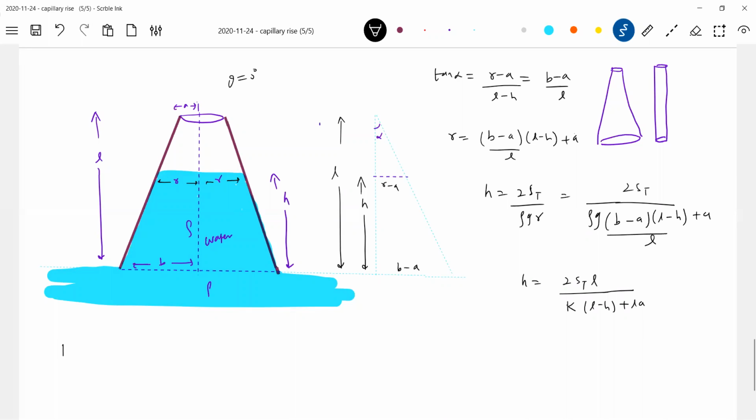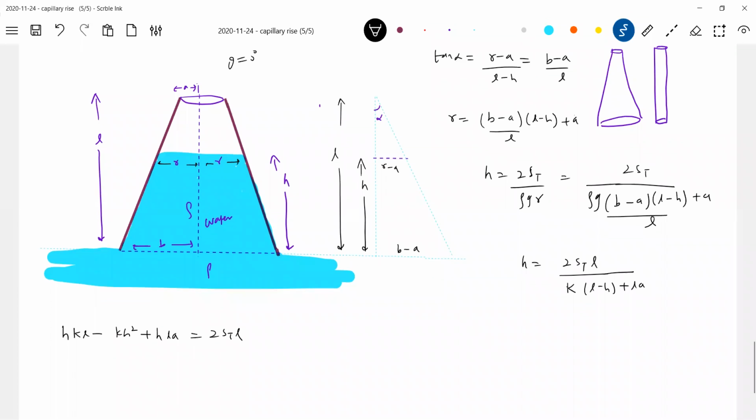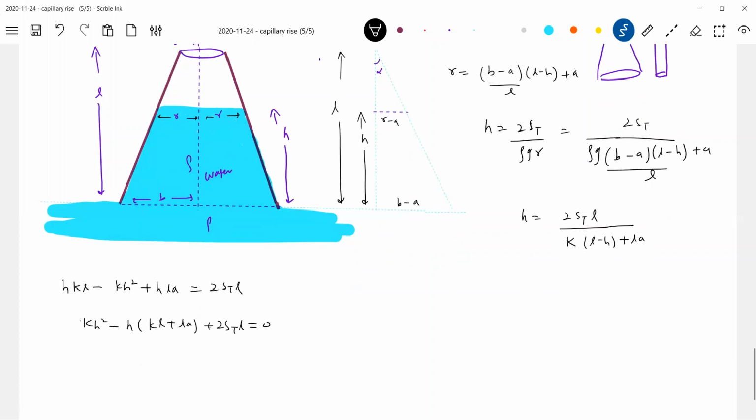So this should become equal to H. KL minus KH square plus HLA is equal to 2STL. Or say KH square minus H into KL plus LA plus 2STL equal to 0. Quadratic equation, solving for this will get expression for H.